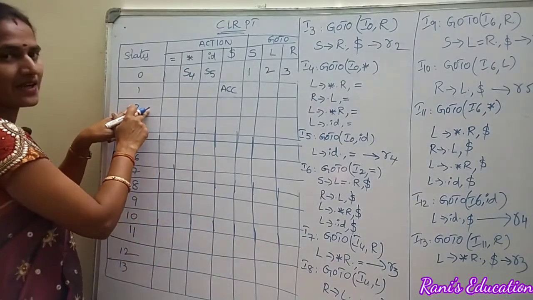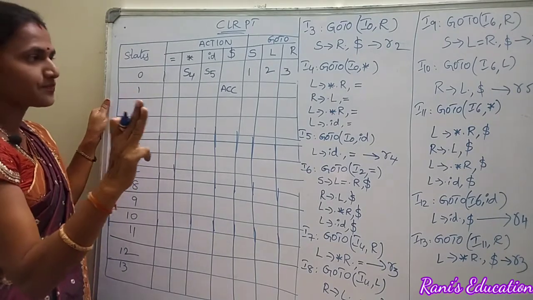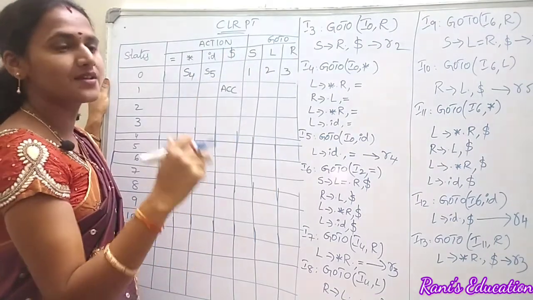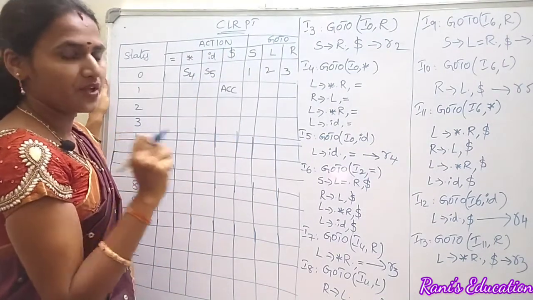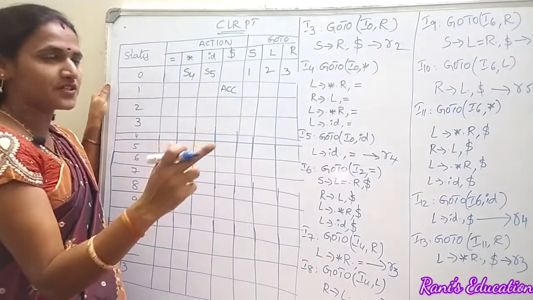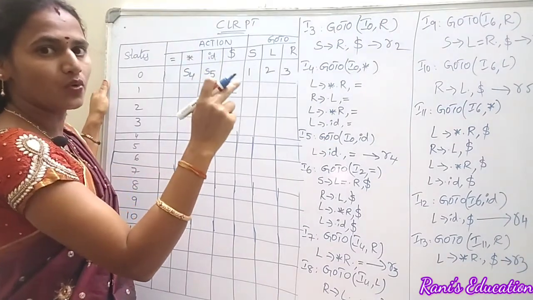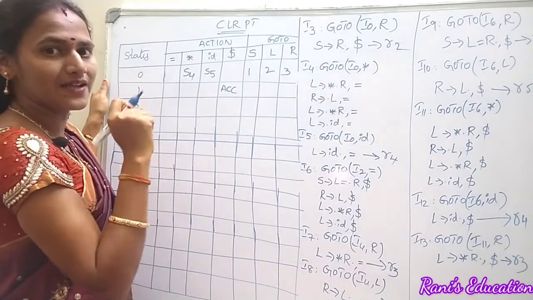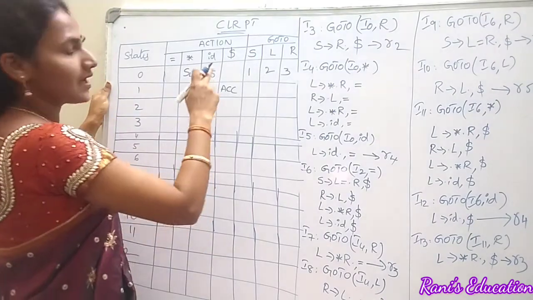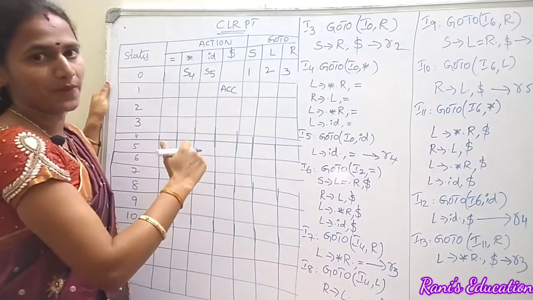Now move on to the second item. In the second item, we got two productions. One is S derives L dot equal R and the second one is R derives L dot. First we need to write the shift action. With respect to the first production, S derives L dot equal R, whose look ahead is dollar, the dot is placed prior to the operator.